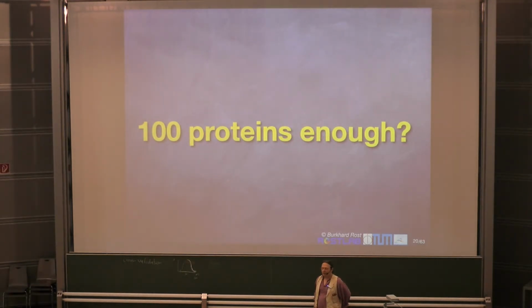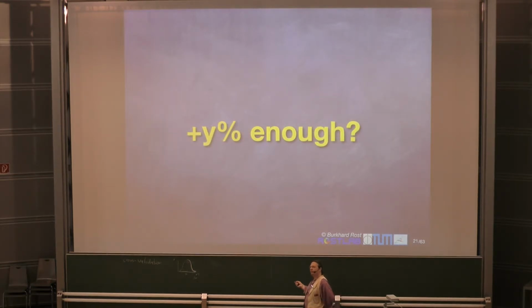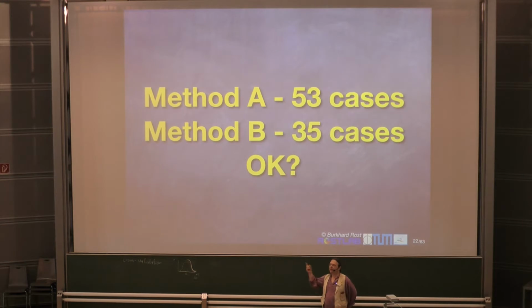That brings us to the next issue. The first one is the question, is 100 proteins enough? The second question is why enough? Remember, we had this thing that method B had for 35 proteins, X plus Y. Method A had 53 cases and method B 35 cases.